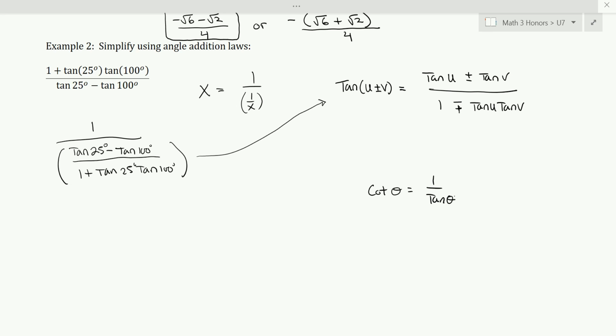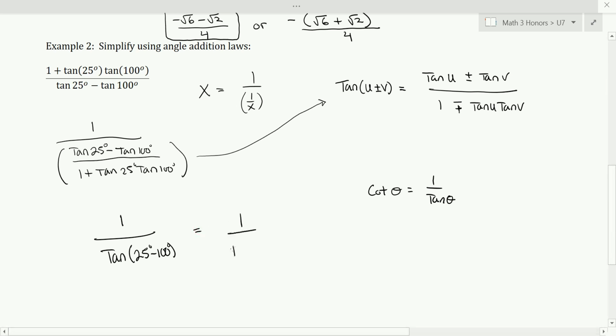Okay, and what's u? 25. Okay, so this is the same thing as 1 over the tangent of 25 minus 100. Now it's looking a little bit easier to work with, which is 1 over the tangent of negative 75 degrees.